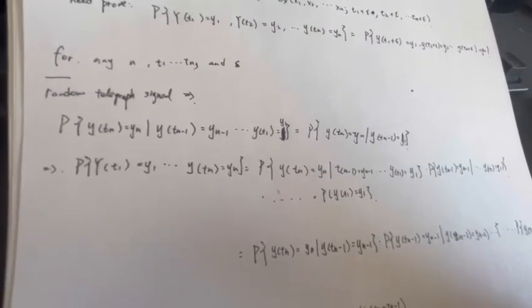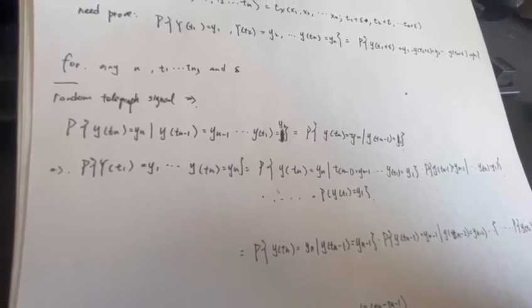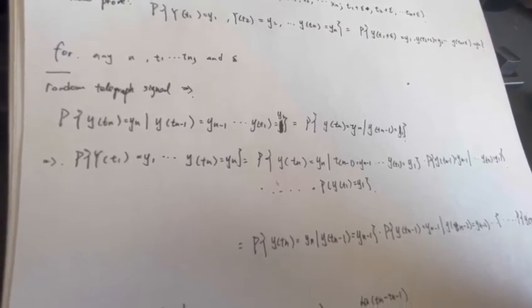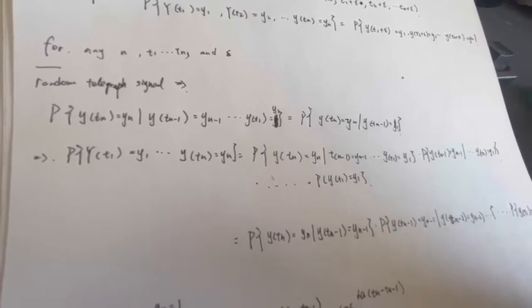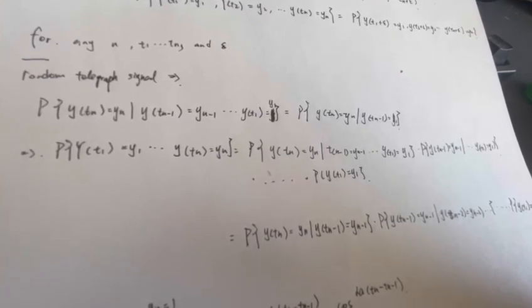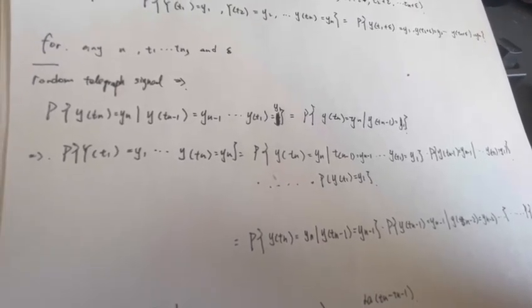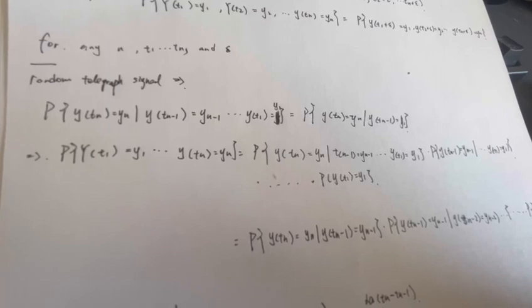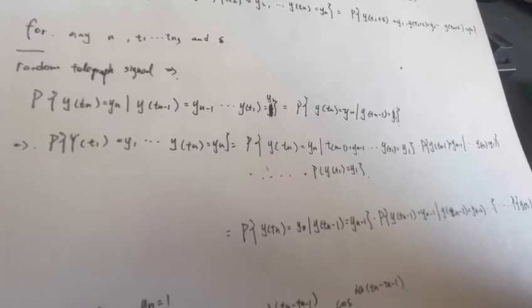Here we're going to use the properties of a random telegraph signal. The random telegraph signal tells us that the probability of Y(tn) equals yn on the condition that Y(tn minus 1) equals yn minus 1 all the way to Y(t1) equals y1 will be equal to the probability of Y(tn) equals yn on the condition that Y(tn minus 1) equals yn minus 1.